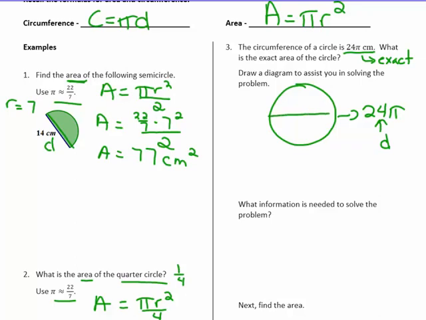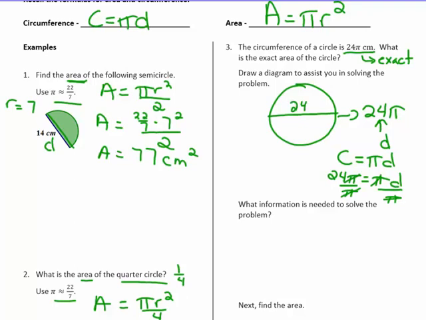My circumference formula is C equals pi d. If this is 24 pi, and I have to get d by itself, I'm going to divide both sides by pi, which means your diameter is 24.